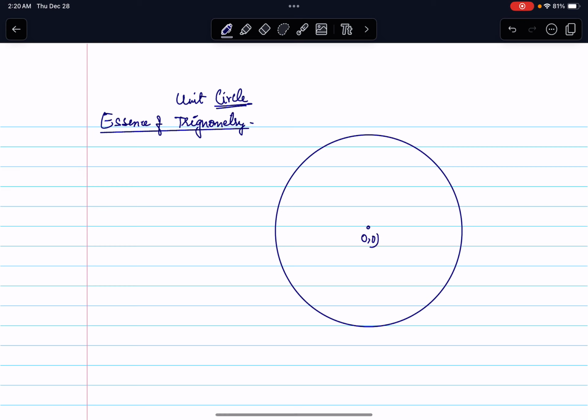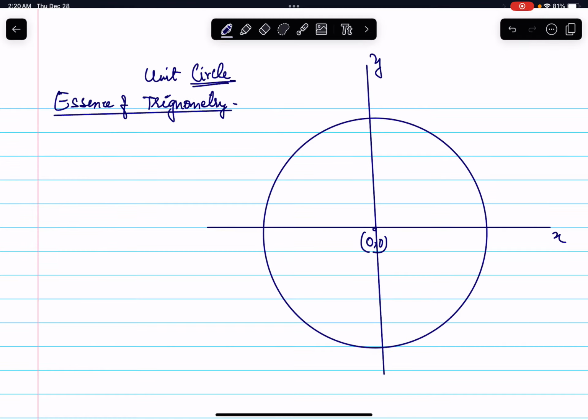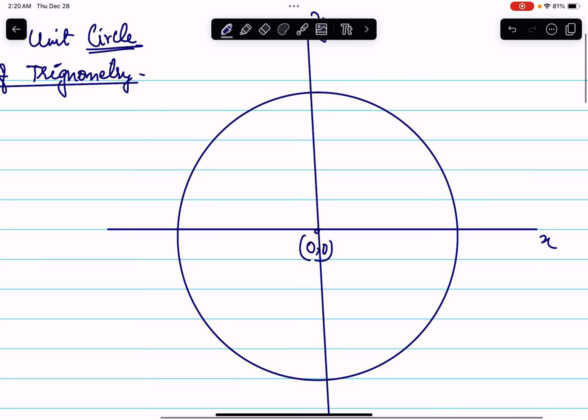So let's say this is a two-dimensional plane, I've drawn 0 comma 0 over here, and on this plane I draw the y and x axes, so Cartesian coordinates. Now the way the unit circle functions is that it's a circle with radius 1, as the name suggests. So you're going to have a circle over here and it's going to have a radius of 1. Now let's say I draw a point over here.